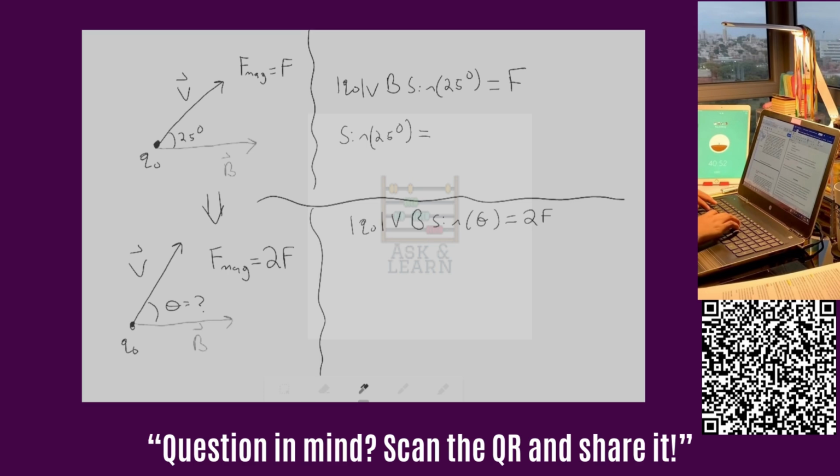In this case, when we solve for sine of 25, we see that's equal to the force that this particle in scenario 1 feels divided by the magnitude of our charge times the speed of that charge multiplied by the magnitude of the magnetic field through which the charge is traveling. So we have this relationship, and we did this because we often do this in physics when we're comparing two situations that have several variables the same between the two, but with just several changes. And we can relate all of these collection of variables here to a particular number, sine of 25 degrees.